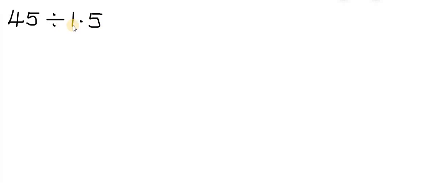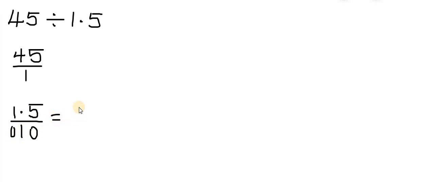Now, 45 divided by 1.5. 45 as a fraction. That's just going to be 45 over 1. 1.5 as a fraction. The point represents a 1 below the line. Numbers either side of the point represent zeros. So that's just drop the point, 15 over 10.